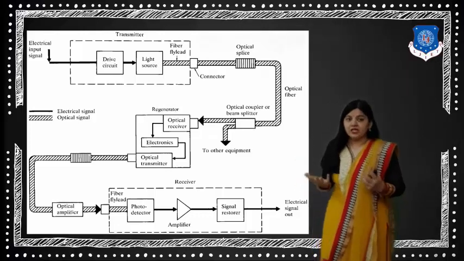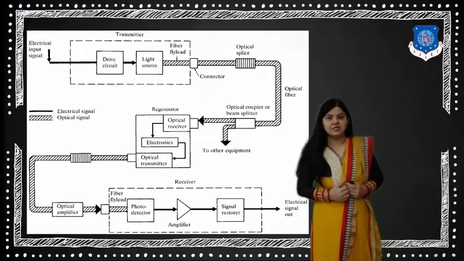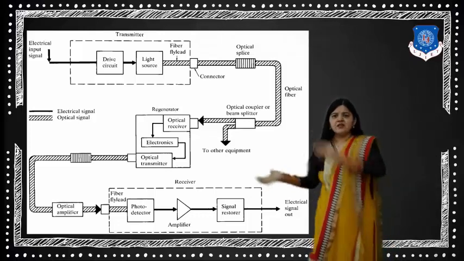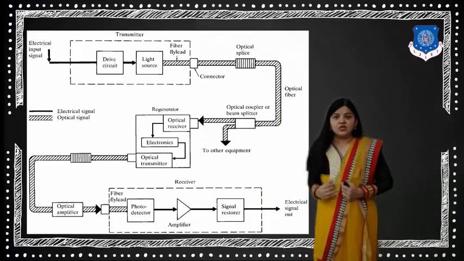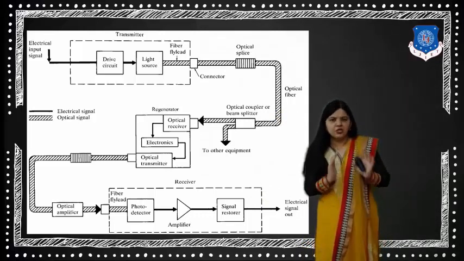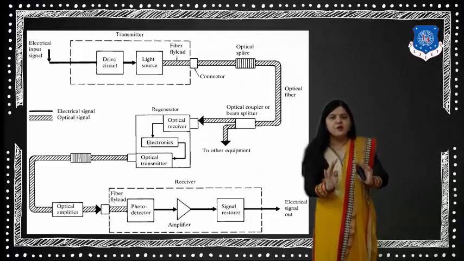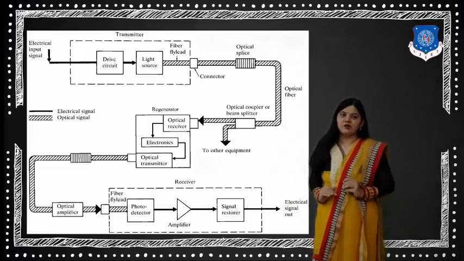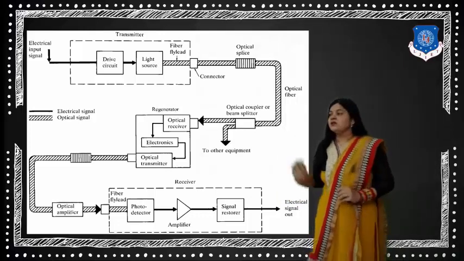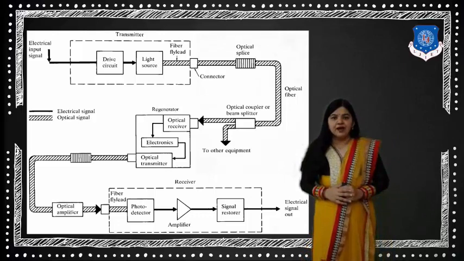We need to restore the signal shape, and that is why such devices are used in between, so that the signal is protected and whatever form we used in the transmission, the same thing is received at the receiving end. So we have the optical amplifier.